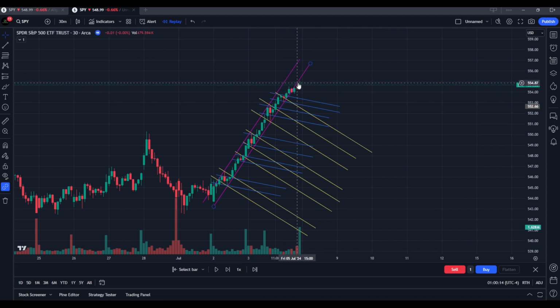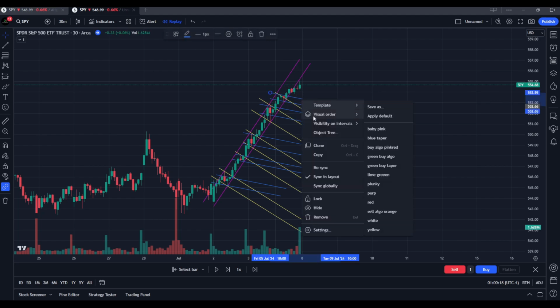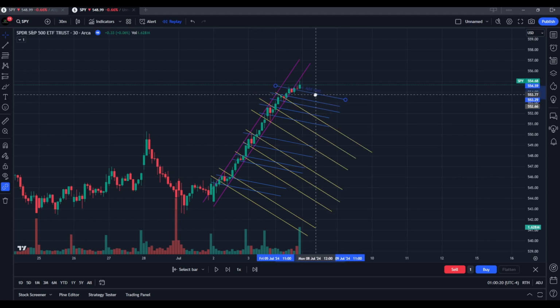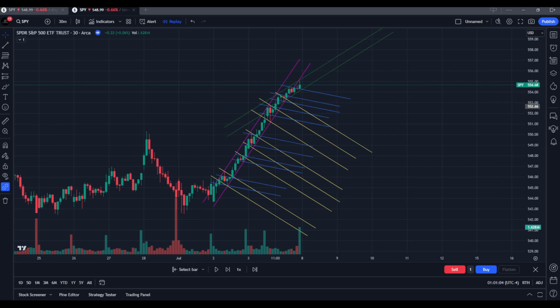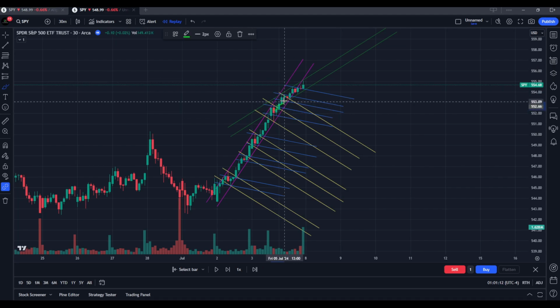Okay, so we are starting to break out of this purple right here, but there is another algorithm that we can go ahead and chart now, which is going to be this green algorithm. The reason we chart that is because there is possibly some tapering right here from this stronger purple buying continuation.